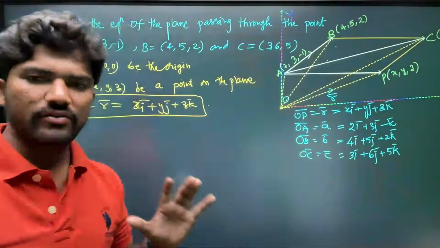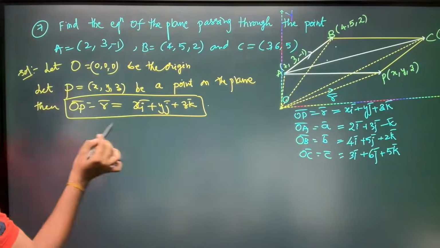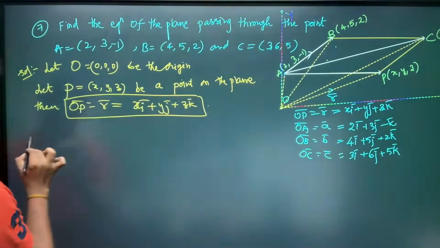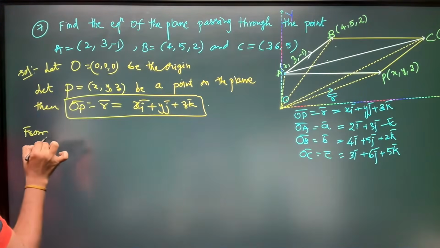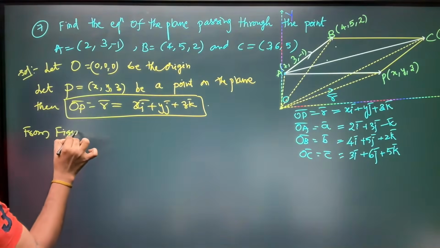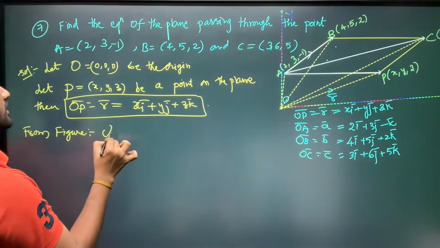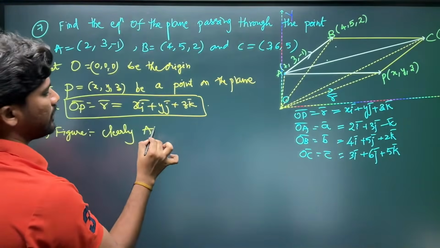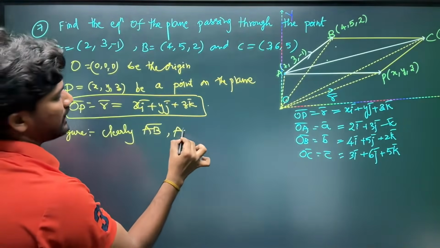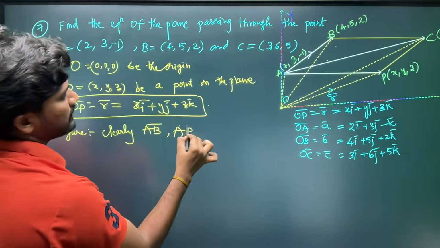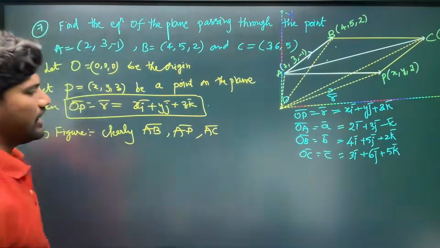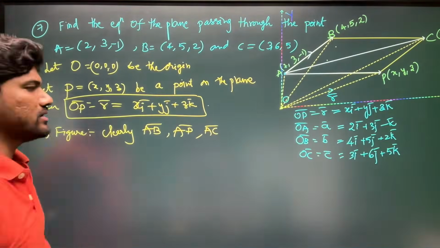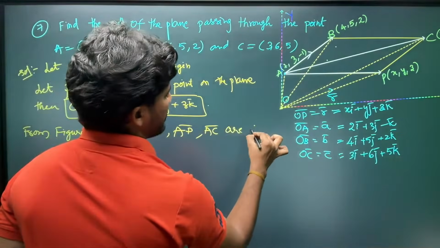So clearly from the figure, we can say that the vectors AB bar, AC bar and AP bar are coplanar.